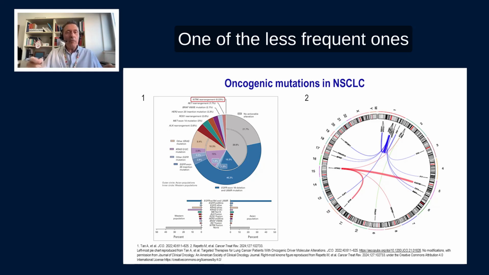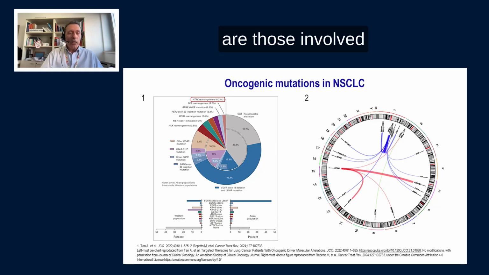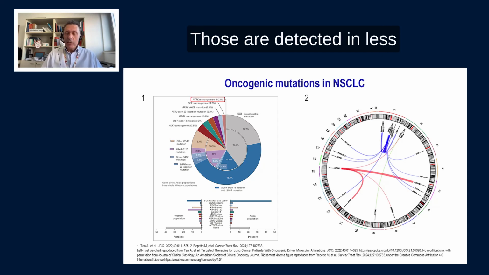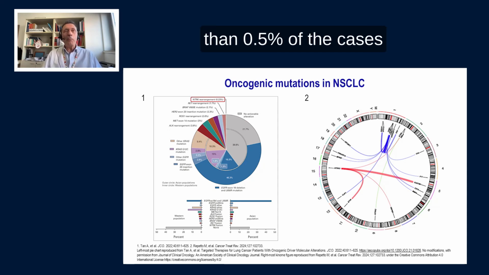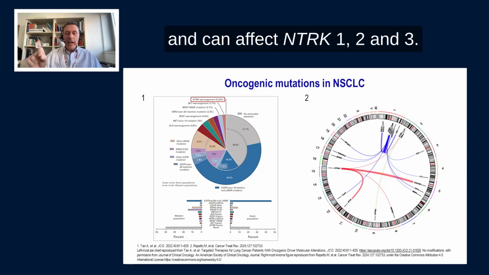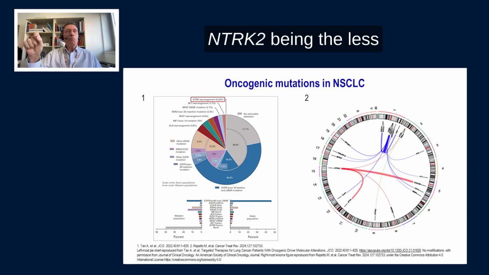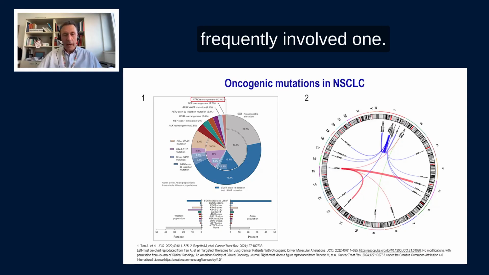One of the less frequent ones are those involved with the NTRK genes. Those are detected in less than 0.5% of the cases and can affect NTRK 1, 2, and 3, NTRK 2 being the least frequently involved.